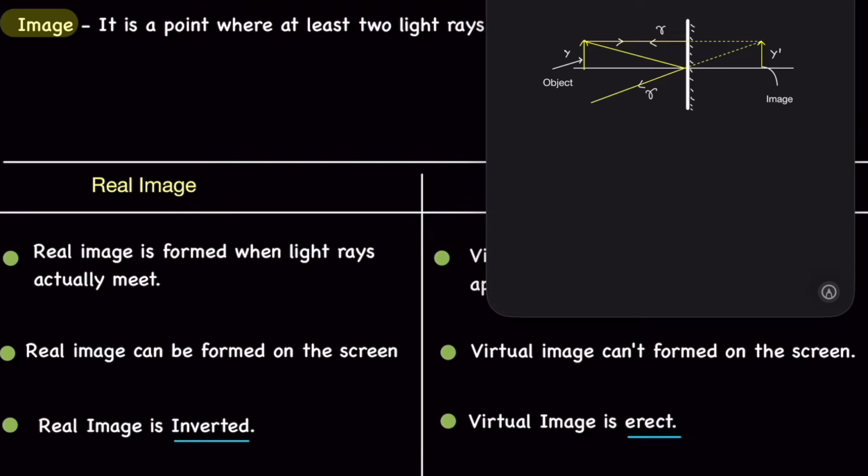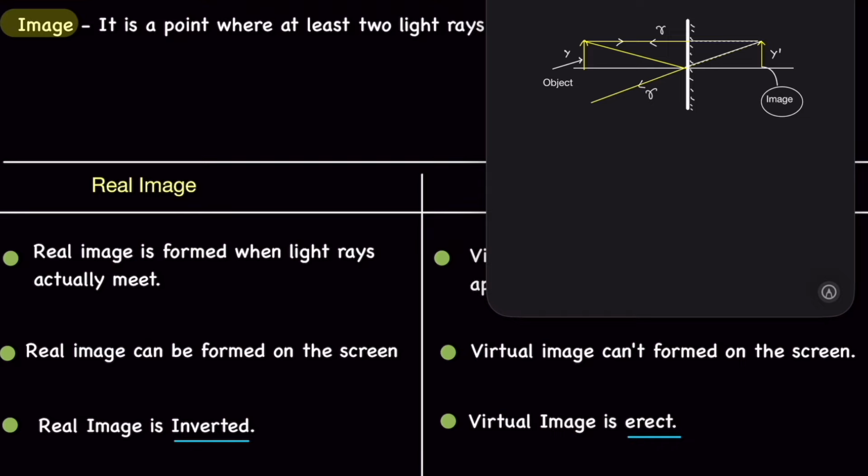By dotted line, we represent that they appear to meet. Actually, the reflected ray can't go inside the mirror. So we are assuming that it will appear to meet in this direction. So here the image which is formed is a virtual image.